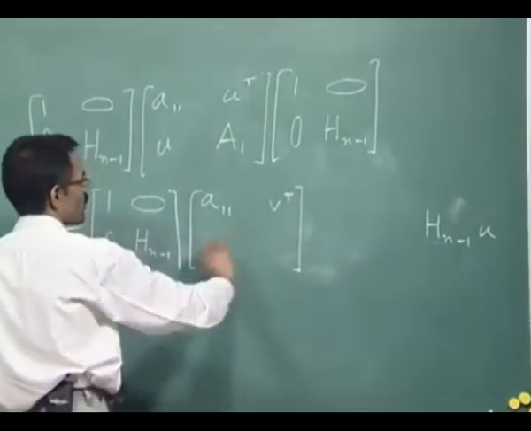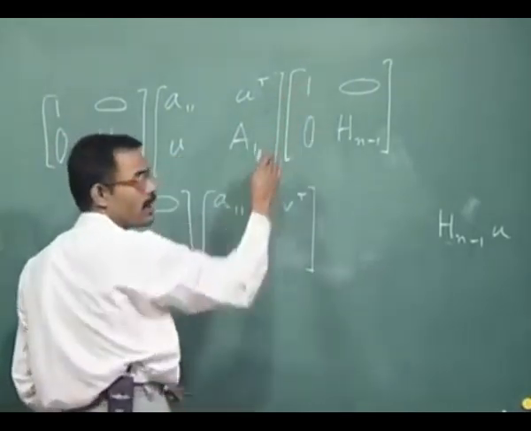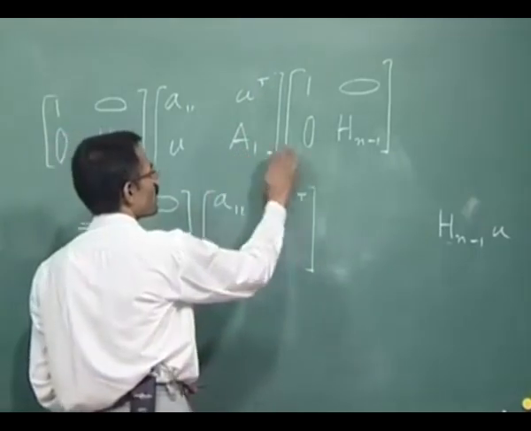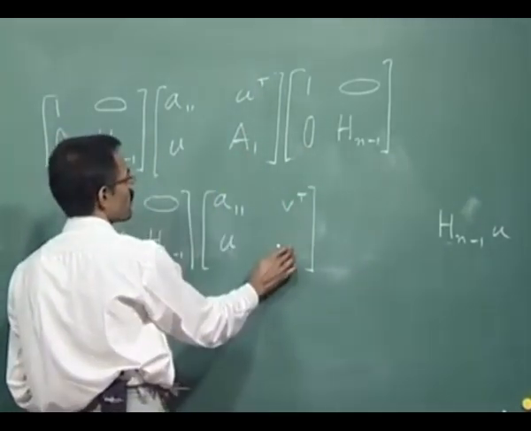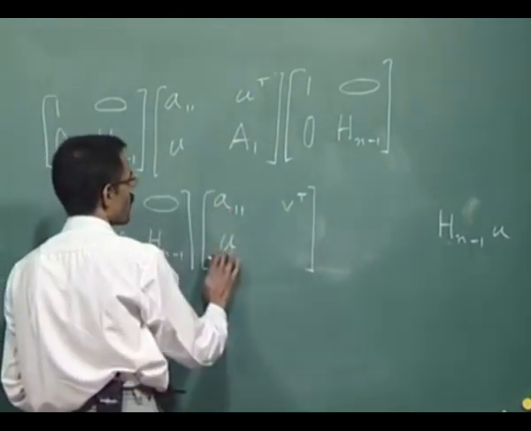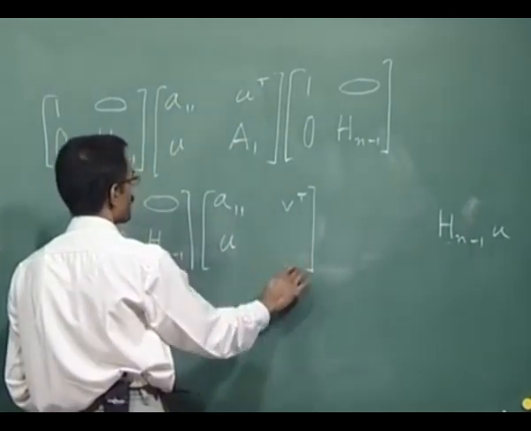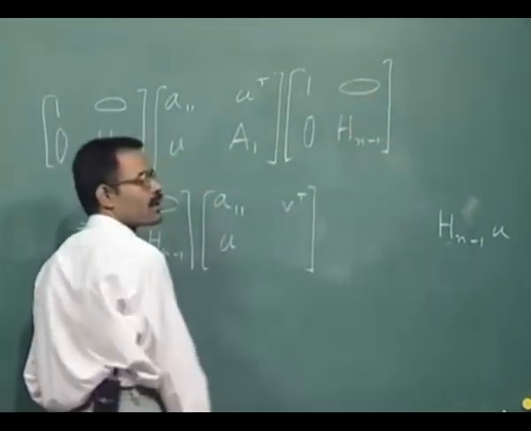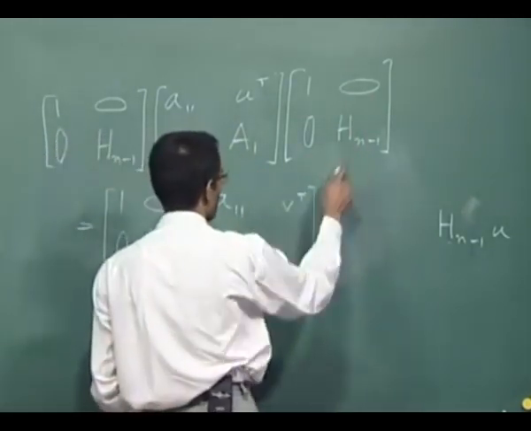Next, the lower row block, u column vector into 1 gives you u only, plus A_1 into 0, that is 0. So, you get u. Finally, this big block: this is a scalar, this is a row vector, this is a column vector. Now, we have the trailing n minus 1 by n minus 1 matrix here, column vector u into row vector 0, that is a 0 matrix, plus A_1 into H, we write it.